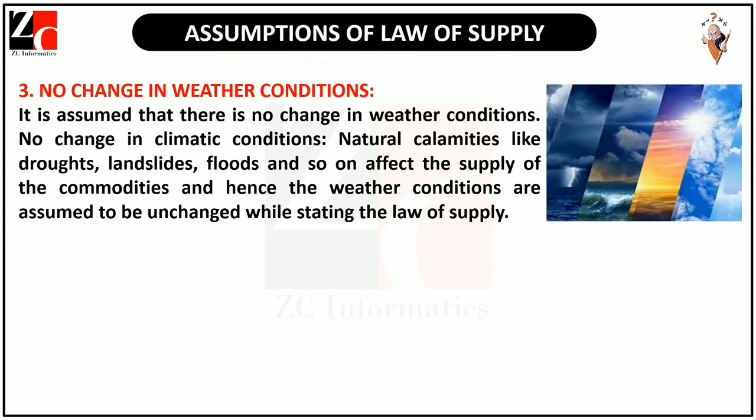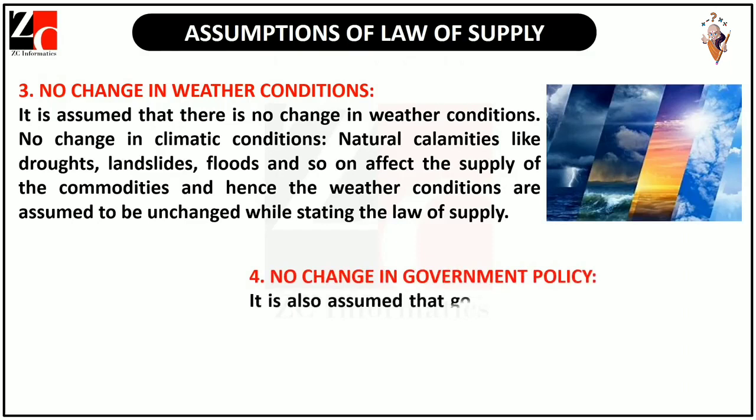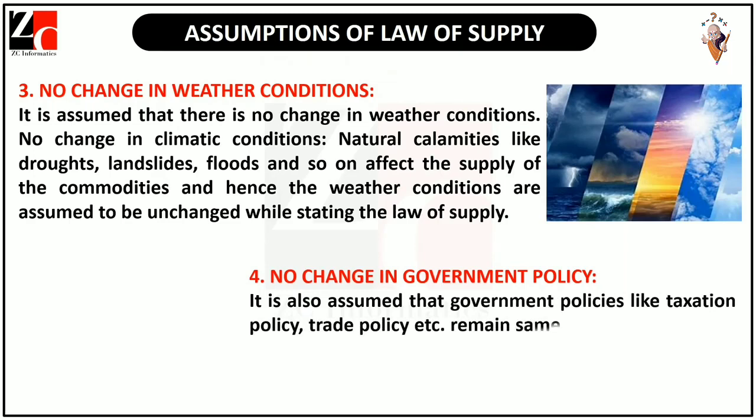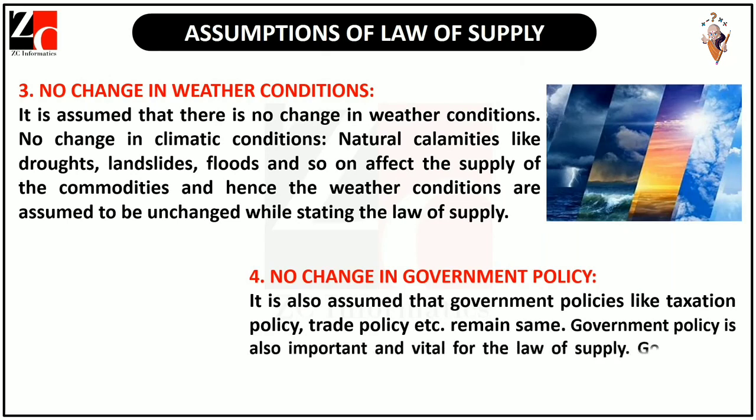Point number 4. No change in government policy. It is assumed that government policies like taxation policy, trade policy, etc. remain same. Government policy is also important and vital for the law of supply. Government policies like taxation policy, trade policy, etc. should remain constant.